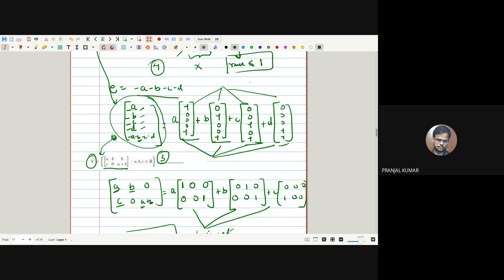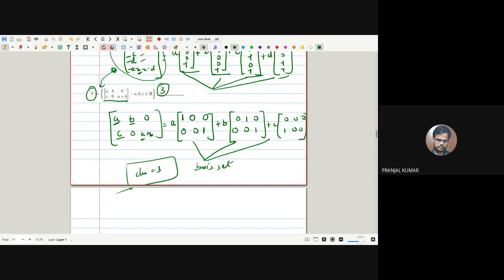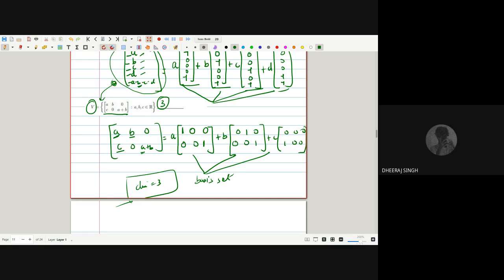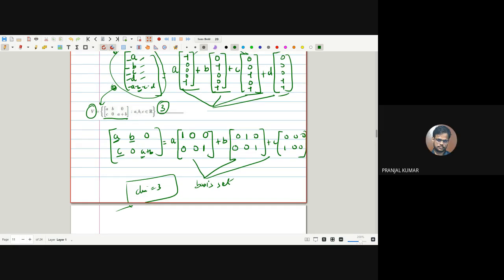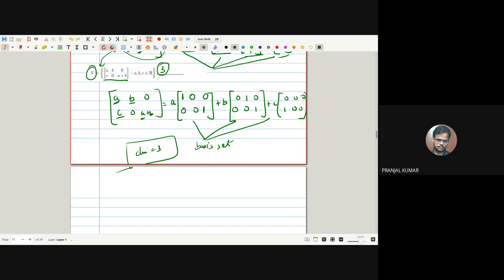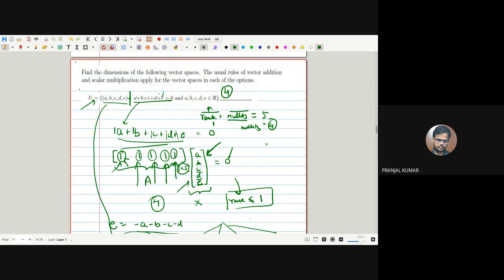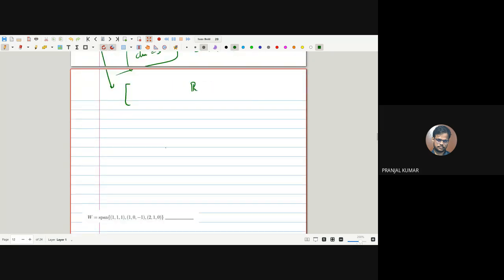Sir, what about the rank-nullity theorem? Okay, see, first of all, the dimension is 3. This is a subspace of, how do we write matrices, R 3 cross 3, right?